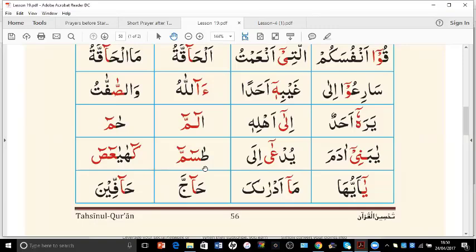Ta sim. Okay, there's a ta, there's a seen, there's a meme. Are you looking at the same page as I am? Sorry, your hands go everywhere, so I don't know where you're putting it. On my screen, co-host, can I just ask, am I pointing to the ta? Yeah.